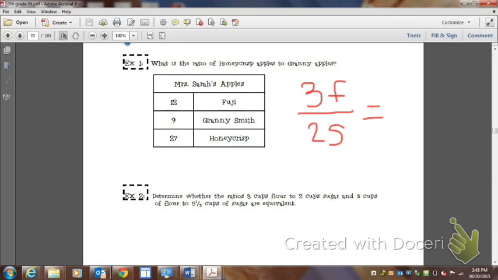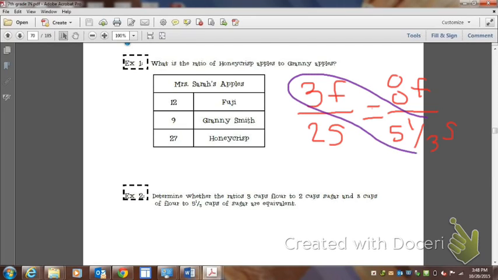And I'm going to set that equal, because I'm trying to see, I'm going to set that equal to 8 cups of flour over 5 1/3 cups of sugar. So they're asking me, are these two ratios equivalent? So the way I'm going to do this, I'm going to cross multiply, and compare both sides.